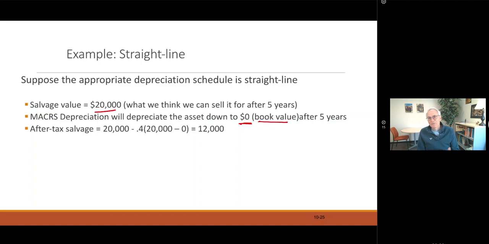If you sold it for 20,000, this is salvage minus the tax rate of 40%, which was given, times salvage value minus 0, which would equal the after-tax salvage value. And that 12,000 would go in your cash flow statement at the end of the project. So that's after-tax salvage value.